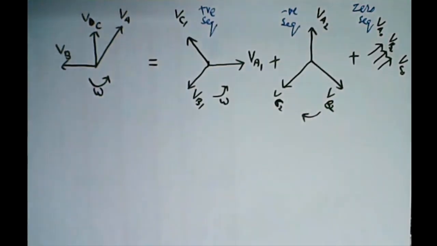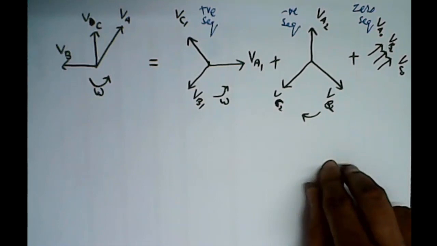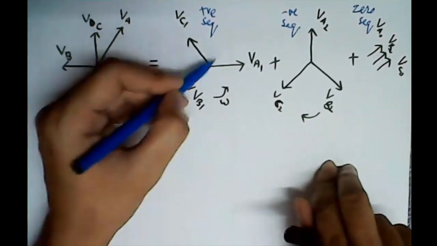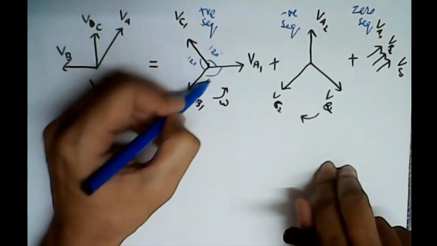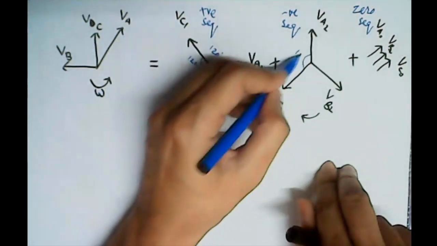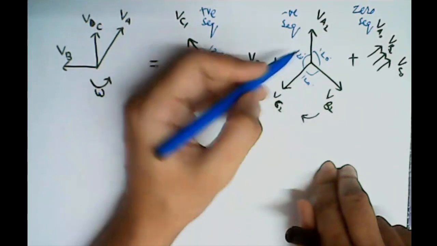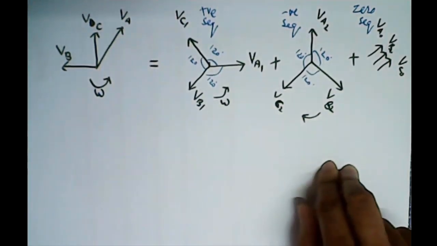Right? Now one thing that we already know is that within a set, that is if we are considering these positive sequence components, the phasors are balanced and the angular difference here is 120 degrees between all the three phasors for positive and negative, and for zero it is 0, and the magnitudes are also the same. So what we can say is that first let's consider this.